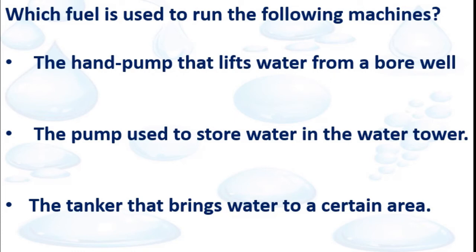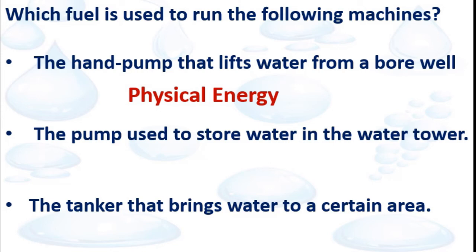Students, see, there are some questions here. We will try. Which fuel is used to run the following machines? First one, the hand pump that lifts water from a bore well. Yes, remember bore well and hand pump, we use our energy, that is nothing but physical energy.